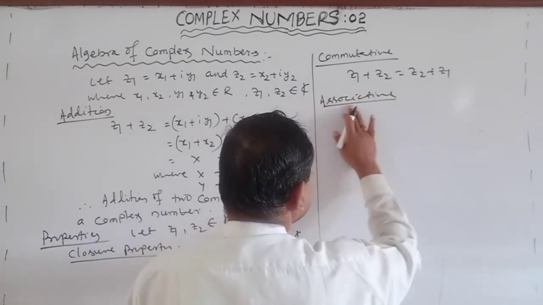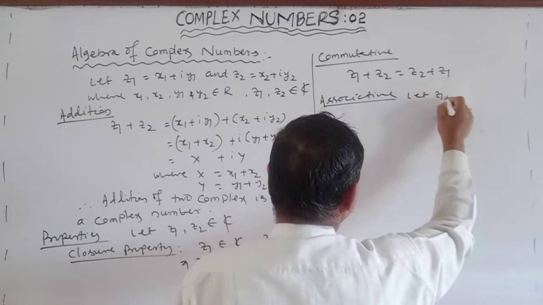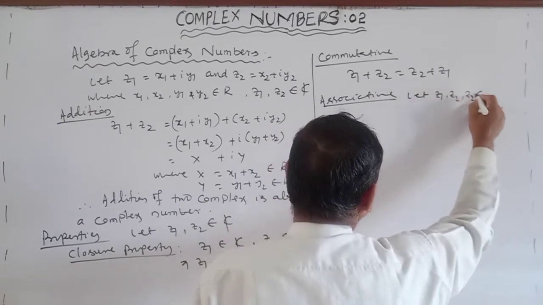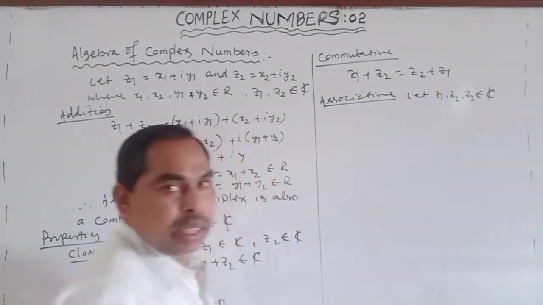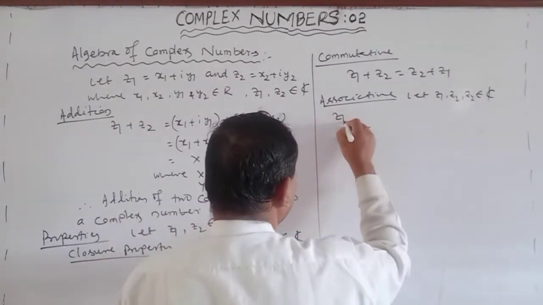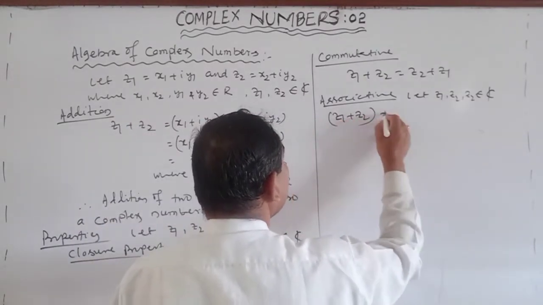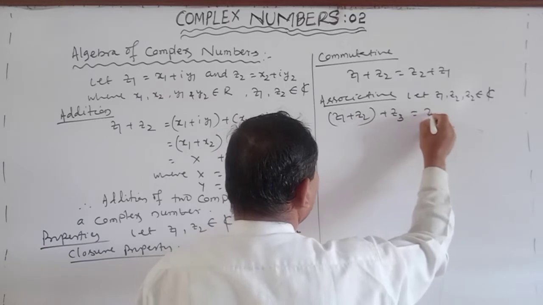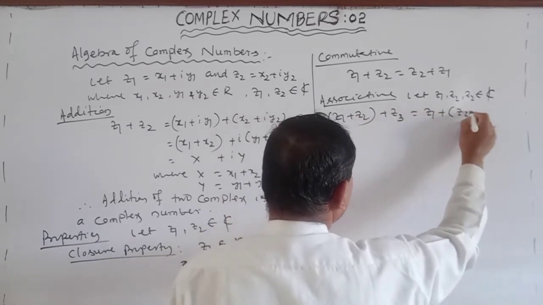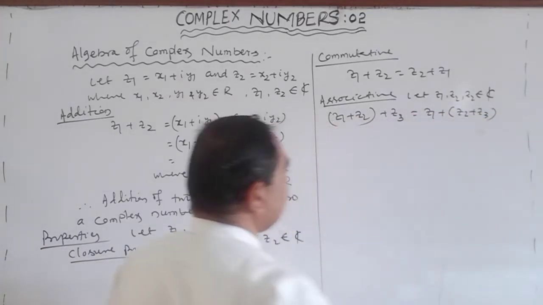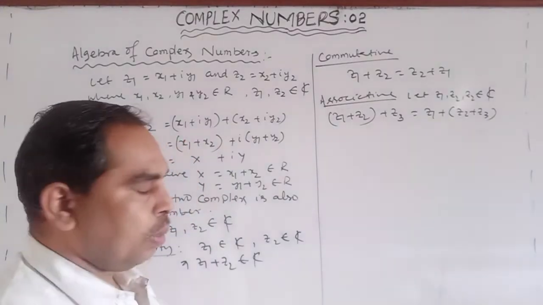Let z1, z2, z3 belong to set of complex number C. So z1 plus z2 plus z3 is equal to z1 plus bracket z2 plus z3. This is the associative, so satisfied also associative property.